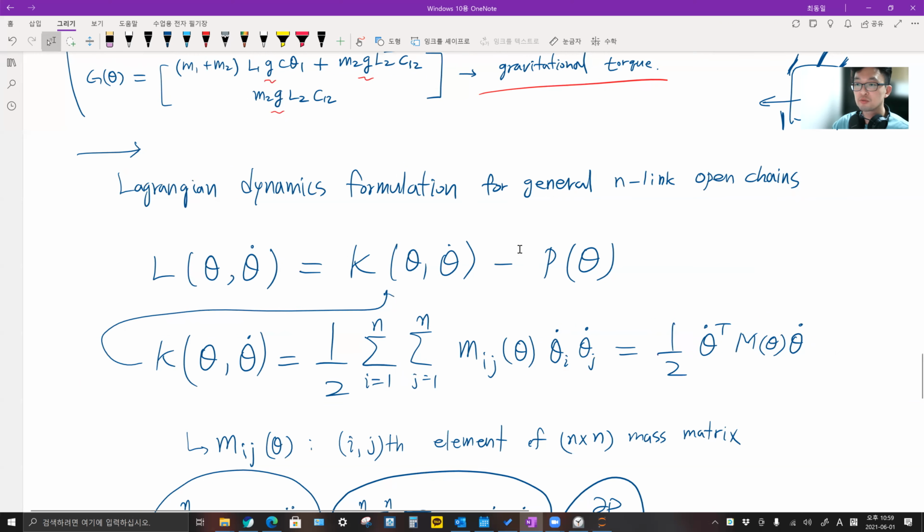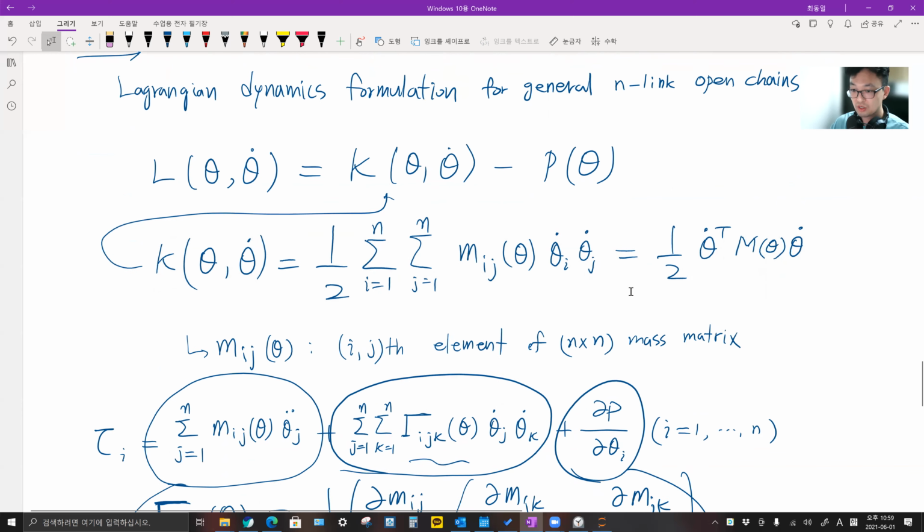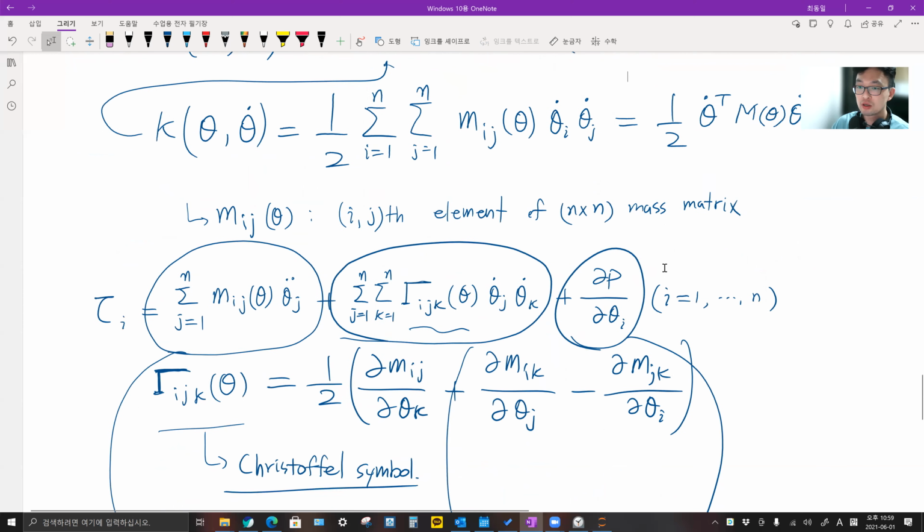So the general formulation for the N-link open chain robot has kinetic energy like this, and potential energy like this.